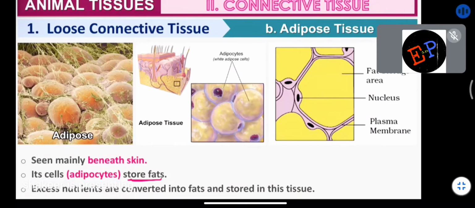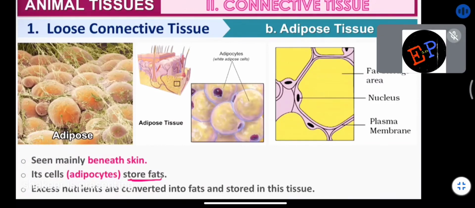Mostly fat is stored below the skin only. And if fat increases beyond a certain limit, then it will go and store in the liver also, in your knees also. But primarily, for a healthy person, fat is stored below the skin itself.